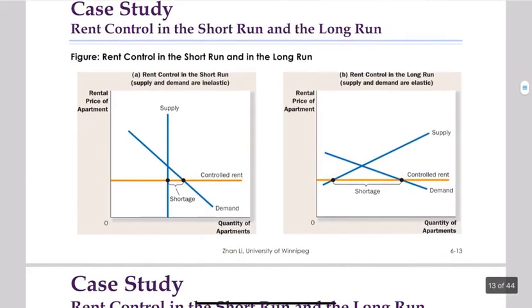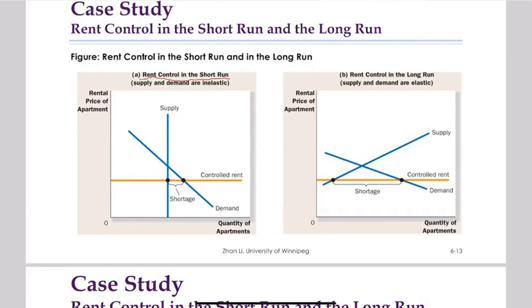So here you can see that on the left-hand side, we are looking at rent control in the short run. Okay? We have learned in the previous chapters that in the short run, supply and demand are less elastic. Or you could say in the long run, both supply and demand would become more elastic. The reason is that consumers and producers need more time to make adjustments.